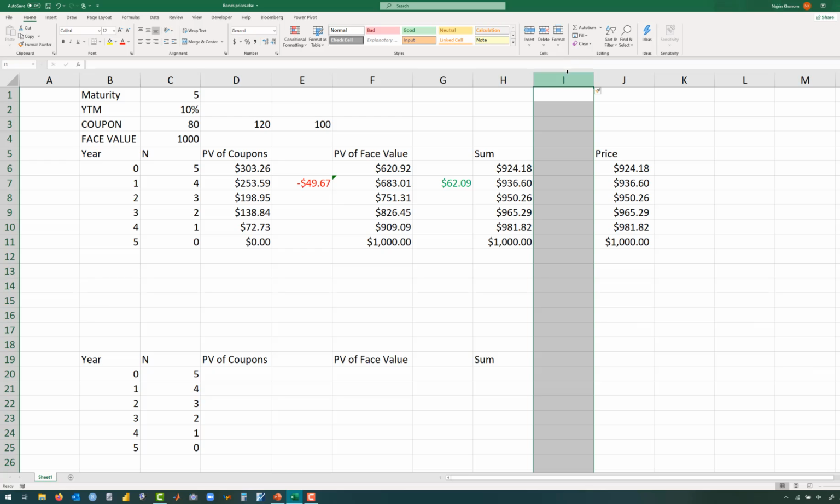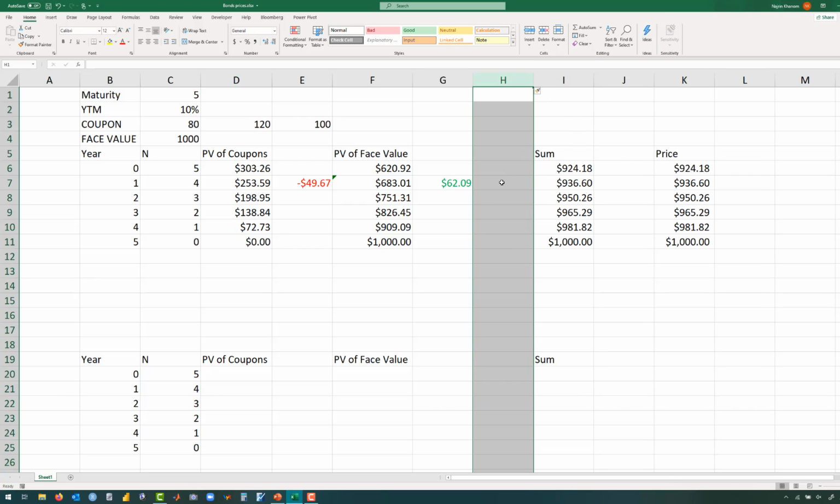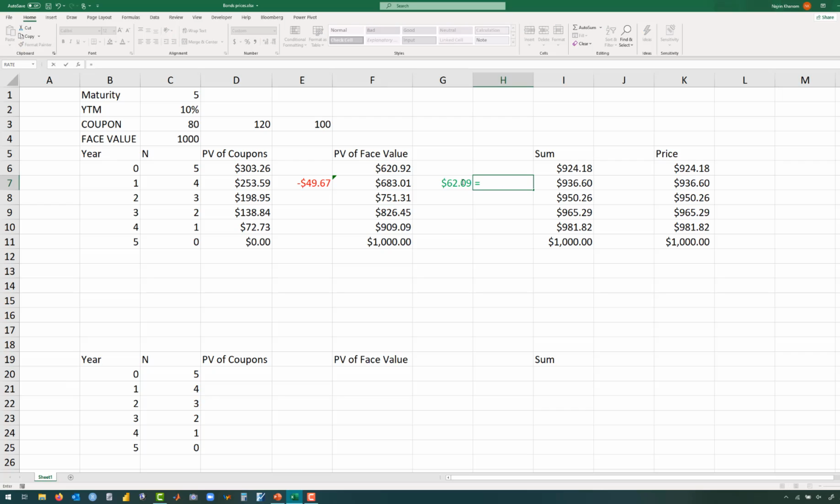If we look at the net difference, so if we add up the two forces, you see that this is greater. The fact that we're getting closer to that 1,000, that change is greater than the fact that we are losing one coupon payment, right?